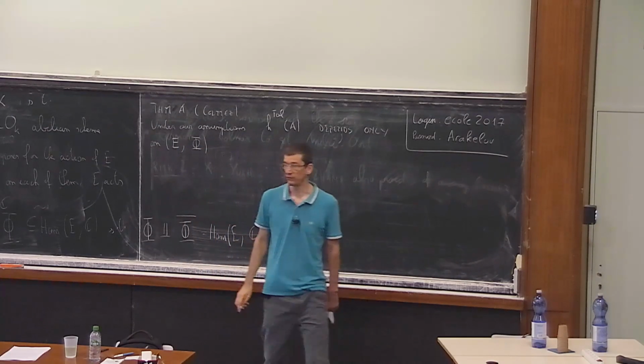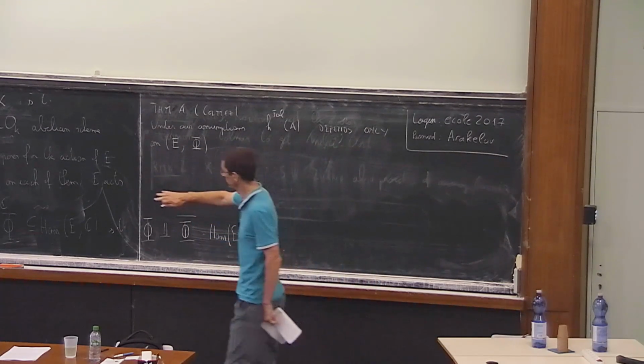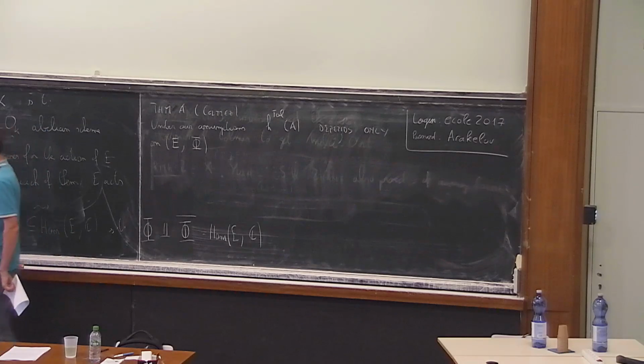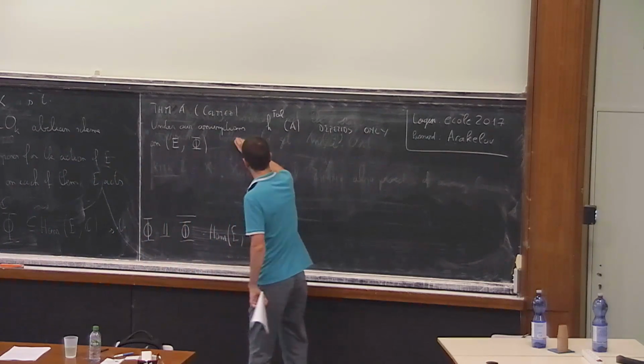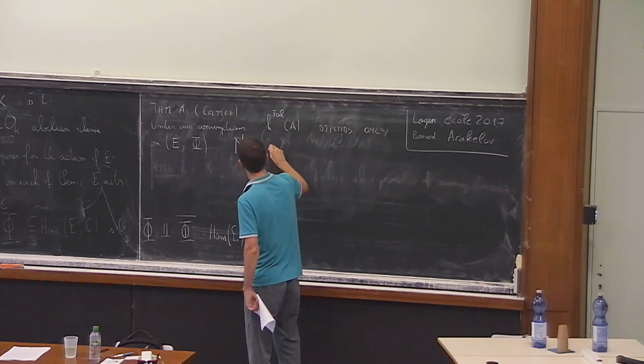So all embeddings of E into C appearing through the action of E on this C vector space. Not on A.